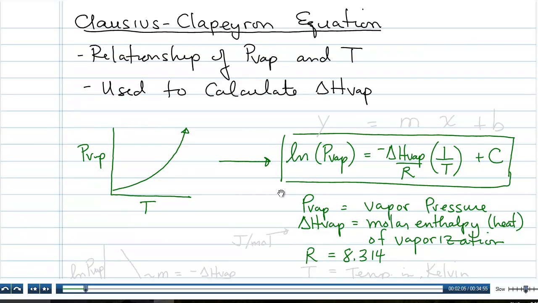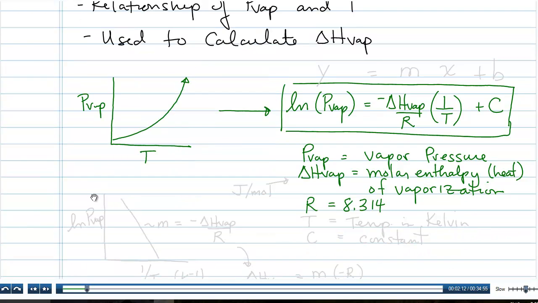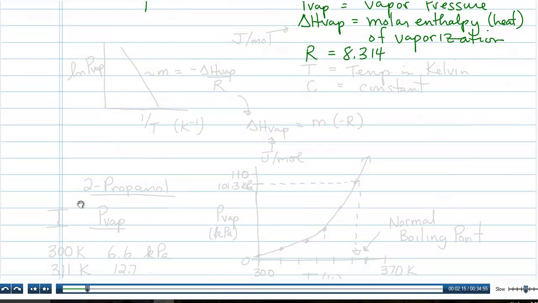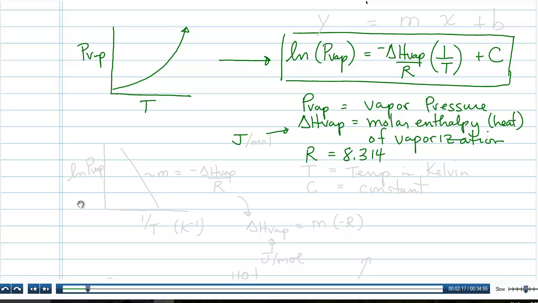We're using the ideal gas constant of 8.314 so that our units will be SI. When we use SI units, the delta H vap will be in joules per mole. Okay? Heat is a form of energy, so joules per mole. Temperature in the Clausius Clapeyron equation is temperature in Kelvin, and the C at the end is simply a constant which we're not really interested in.